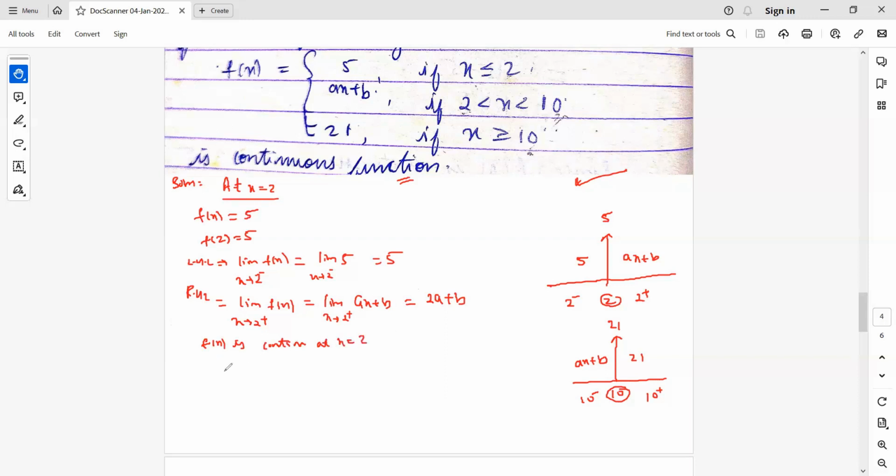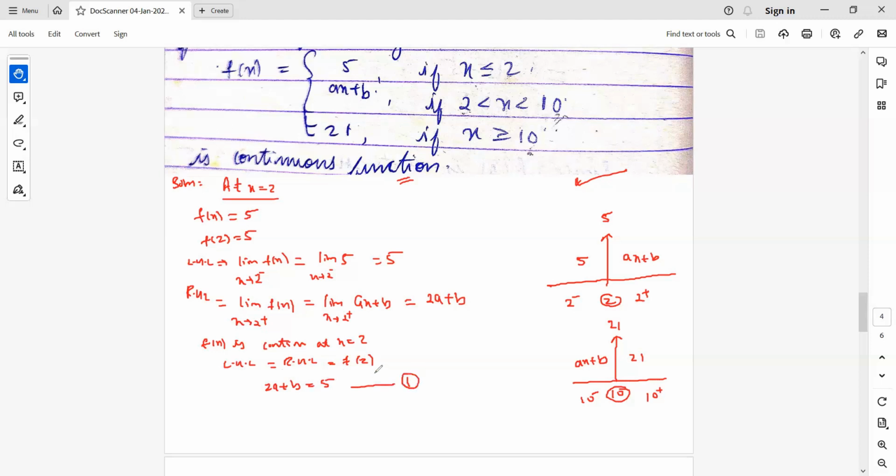Since it is continuous at x is equal to 2, LHL is equal to RHL is equal to f of 2. Using this, we equate the values, so 2a plus b is equal to 5, and we are considering this as equation 1.